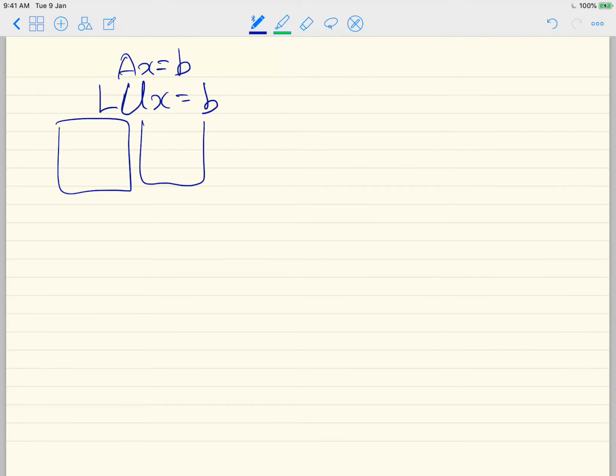So we have this linear system of Ax equals b, and if we obtain the non-pivoted LU factorization without any pivoting, then we have LUx equals b, right? In this case, we have L and U and the vector x, which is our unknown, and b.